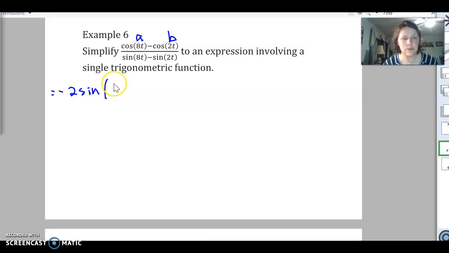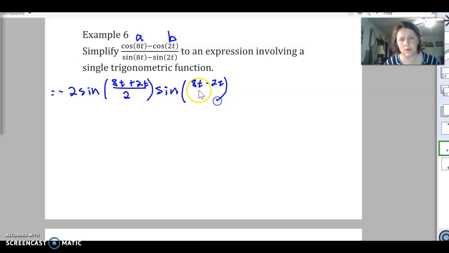A plus B over 2. So 8t plus 2t over 2, and then times sine of A minus B over 2. Okay.